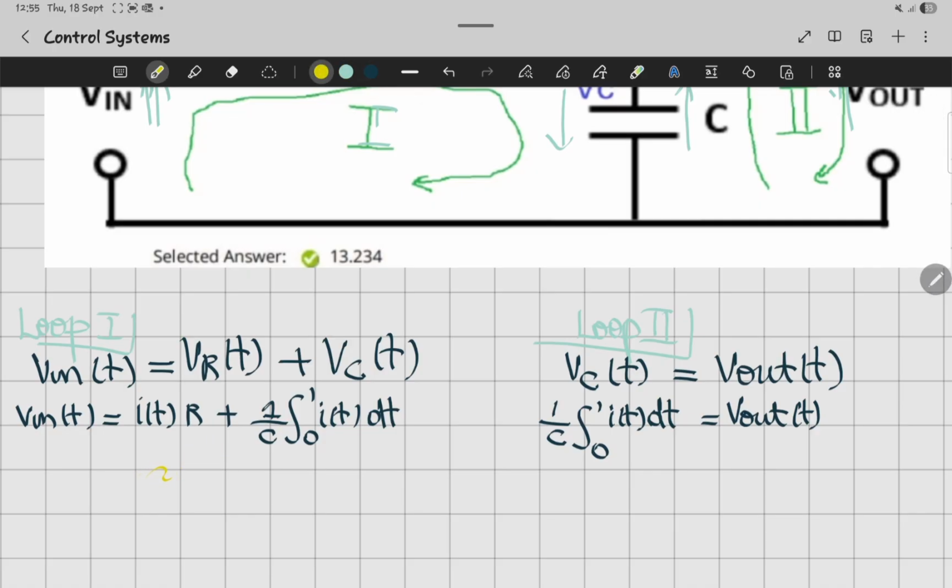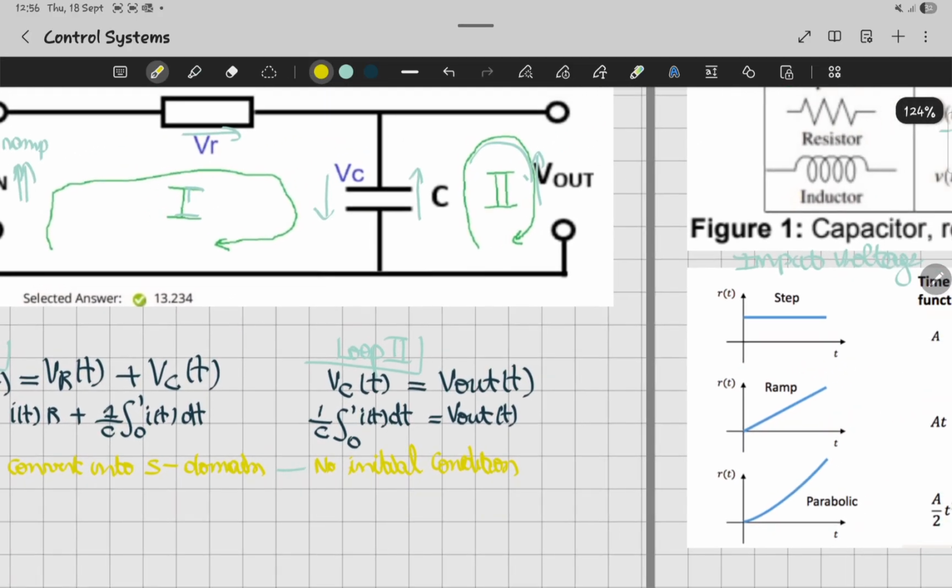We're going to convert this equation, both sides, into S domain, and luckily we have no initial condition, so it's going to be straightforward.